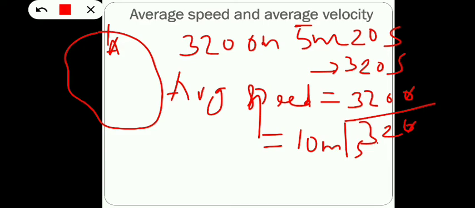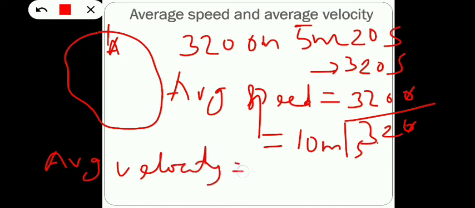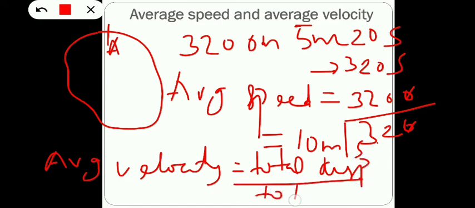Now what will be the average velocity? See, average velocity is total displacement by total time. Now what is the total displacement here? See, this is a circular track. This is the starting point, the initial point. This is the final point itself.